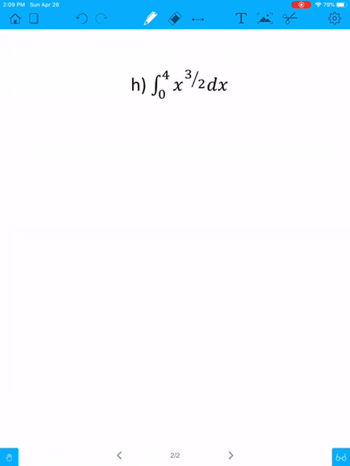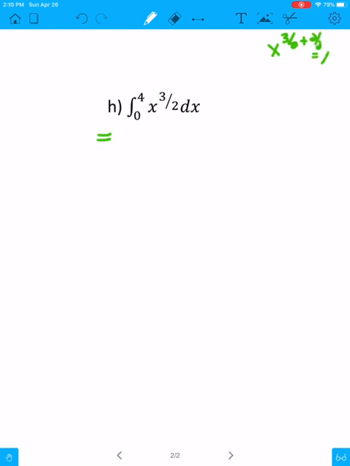All right. Then we have the integral from 0 to 4 of x to the power of 3 over 2 dx. So when I do the antiderivative of x to the 3 over 2, I have to add 1 to the exponent. So if I go x to the 3 over 2 and I add 2 over 2, I get x to the 5 over 2, right?